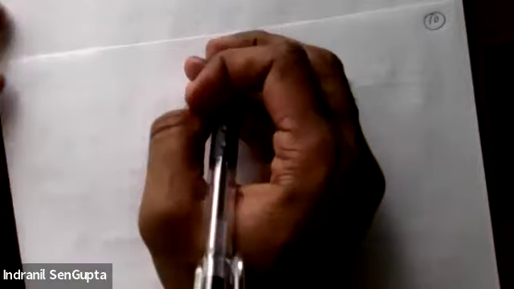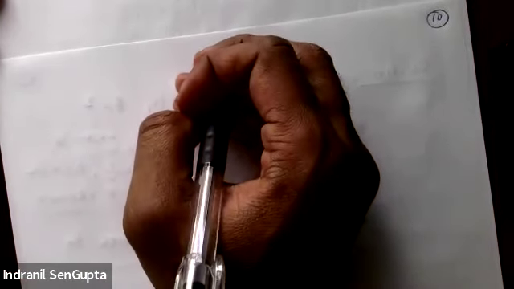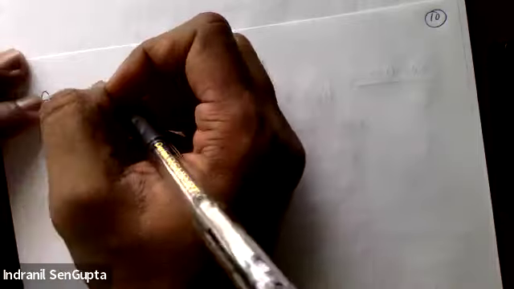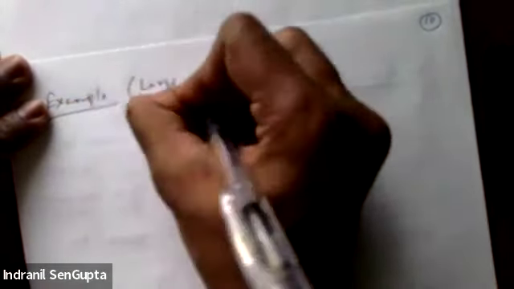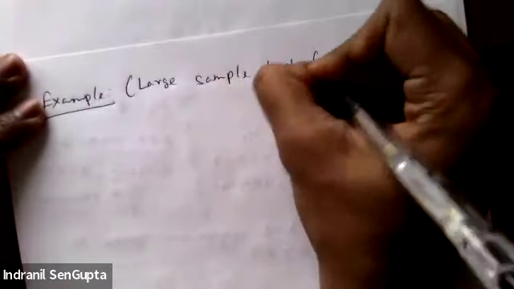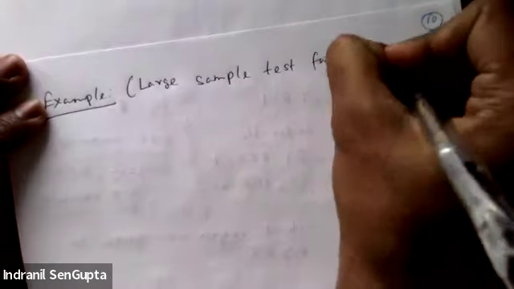So what kind of problem is that? It is actually a very common hypothesis testing problem. It goes like this. Example: it's called the large sample test for the mean.